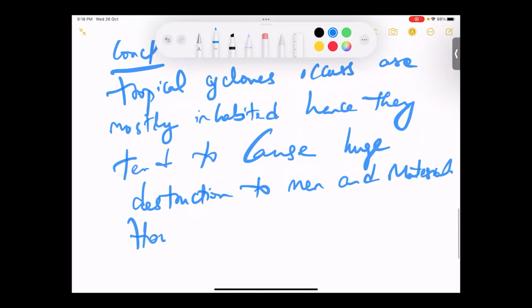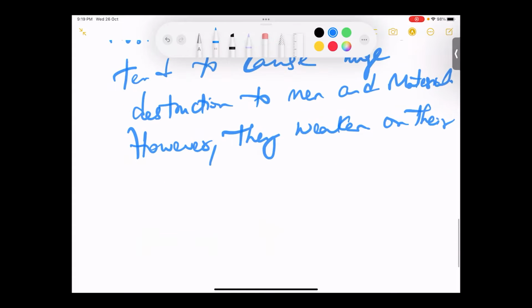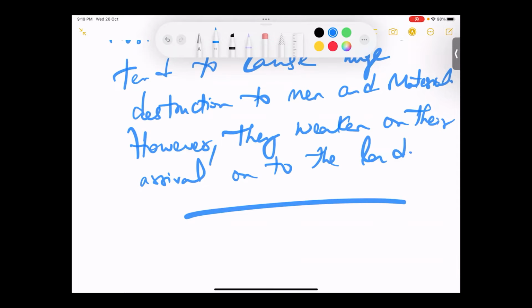However, they weaken on their arrival onto the land. Fine.